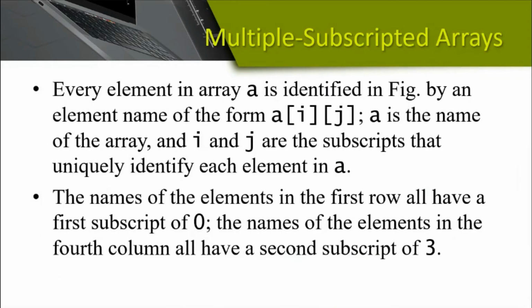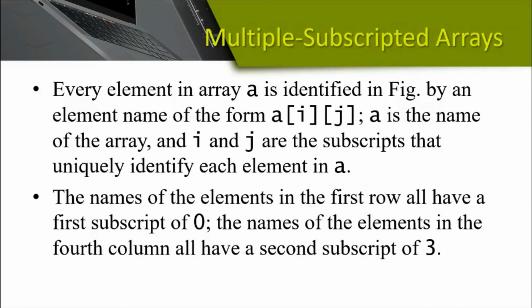That we have already discussed: every element in array A is identified in the figure by an element name of the form A[i][j], where A is the name of the array and i and j are the subscripts that uniquely identify each element in A. The names of the elements in the first row will have a first subscript of 0.